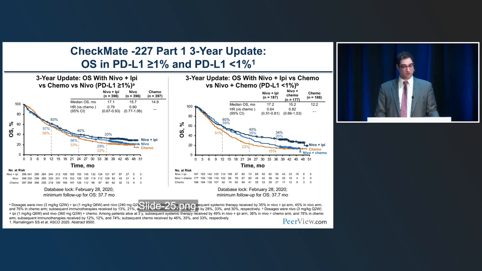There was this overall survival benefit of the dual immune checkpoint blockade compared to chemo, as well as looking at the less than 1%. It's approved by the FDA for 1% or more, although the data also looks good in terms of the PD-L1 negative, particularly with high tumor mutational burden.